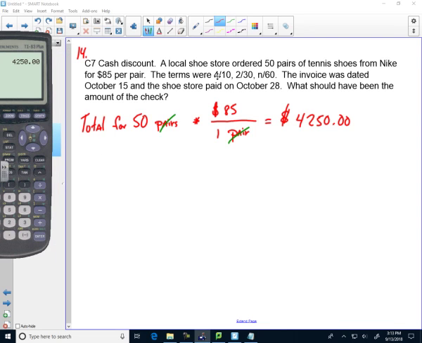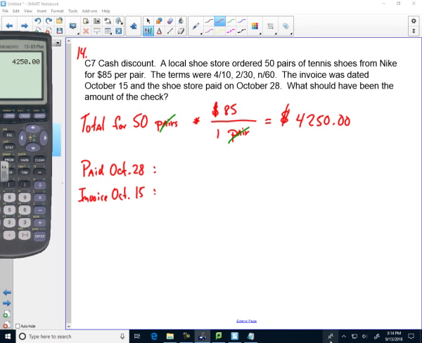Now, we've got an invoice date, we've got a paid date. So I like to put the paid on top. So paid October 28th, invoice October 15th. Now I know we can do this in our head, but we need to practice. Humor me, look it up in your little chart that I worked so hard to print out for you.